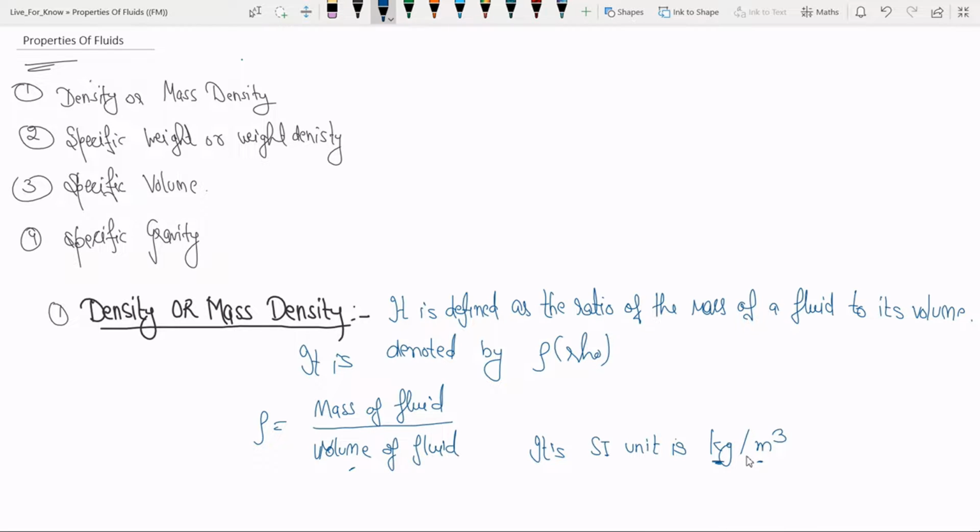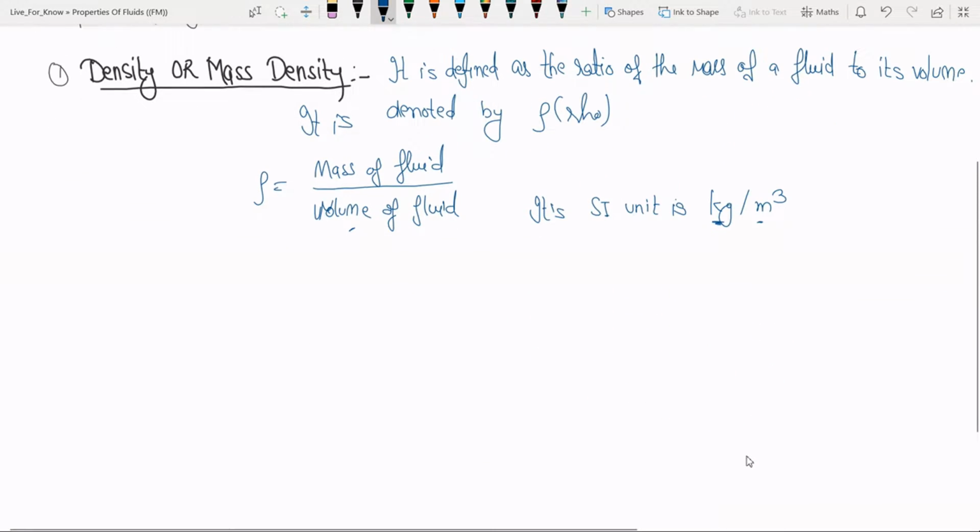When we find volume it has three sets, so when we multiply these three we get m into m into m is equal to m cube.